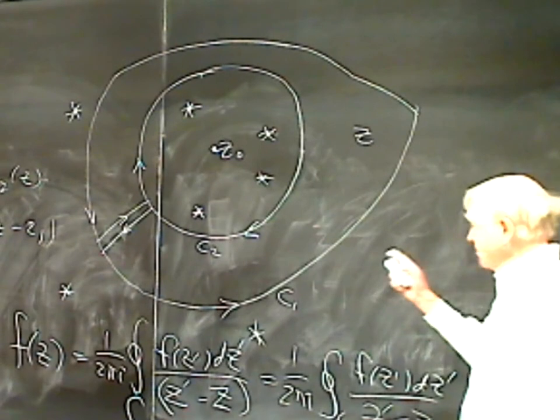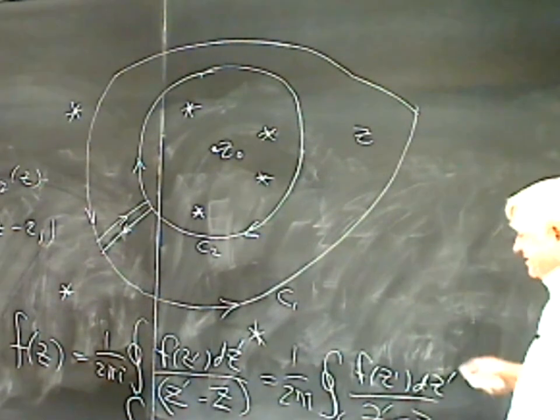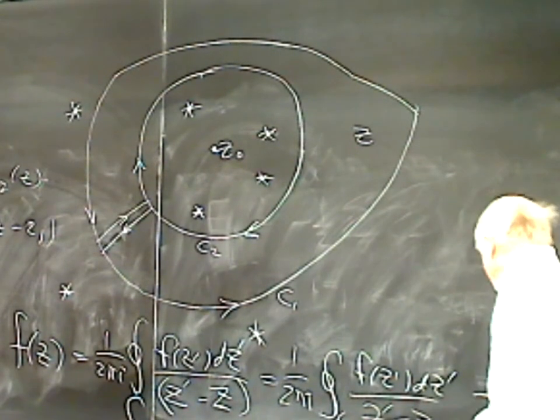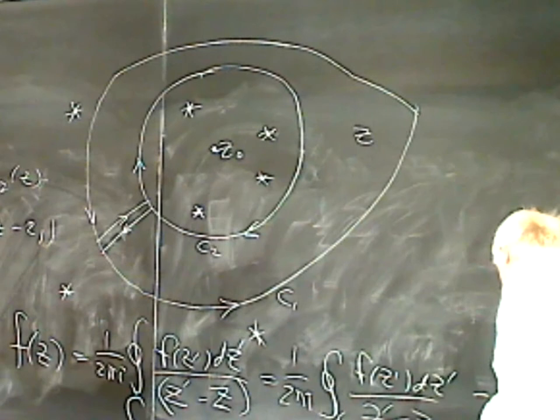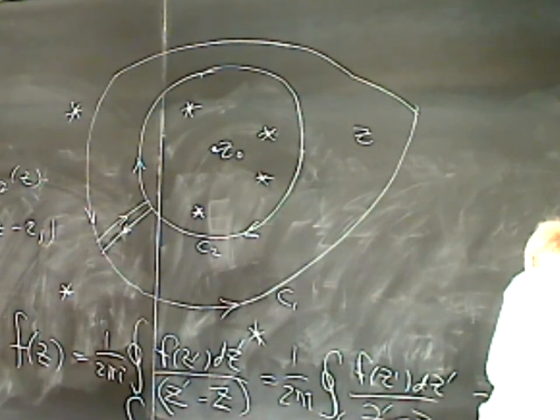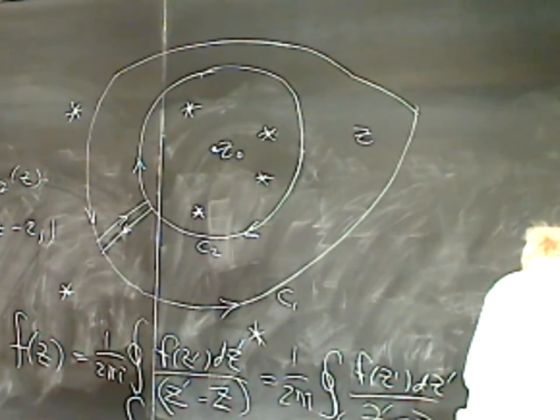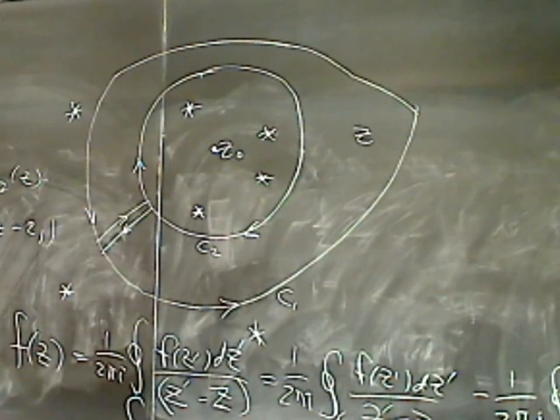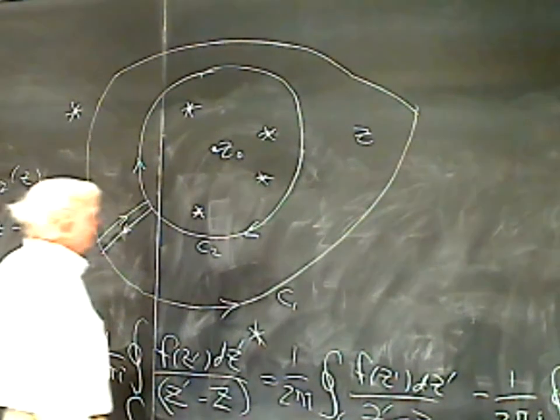But now the other circle is clockwise, and so if we make it counterclockwise, we get a minus sign, so it's minus 1 over 2 pi i times the integral around C2 of f of z prime dz prime over z prime minus z. Okay, so that's our formula at this point.